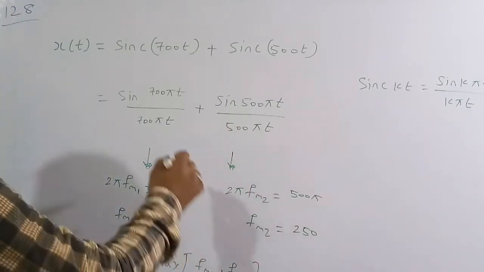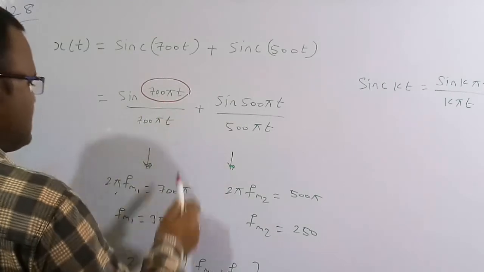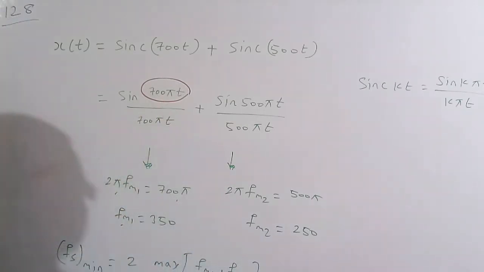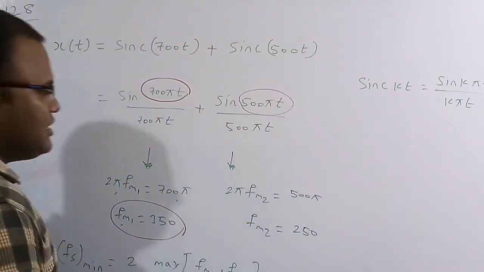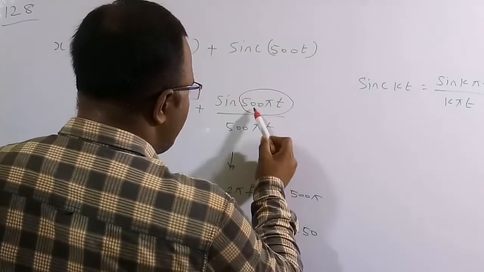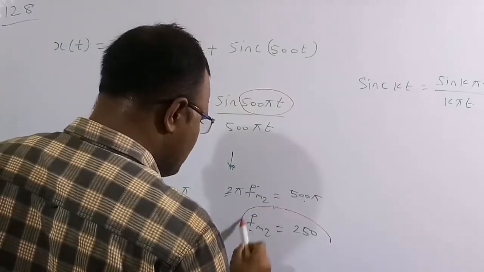Here this is nothing but 2 pi fm t. So 2 pi fm1 is equal to 700 pi, therefore fm1 is equal to 350 Hz. And similarly for this signal, 2 pi fm2 is equal to 500 pi. Therefore fm2 is equal to 500 by 2, which is nothing but 250 Hz.